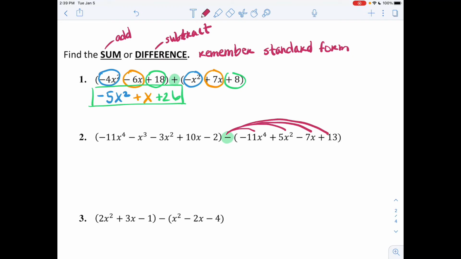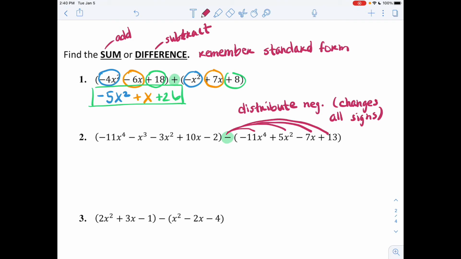The shortcut method to this that you have probably learned in Algebra 1 is basically we're just going to go in and change all the signs, because anytime you multiply by a negative 1, it changes the signs. So we can say that we are distributing the negative, which in effect just changes all the signs.